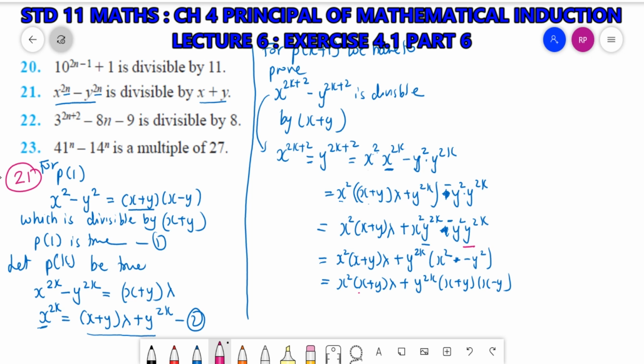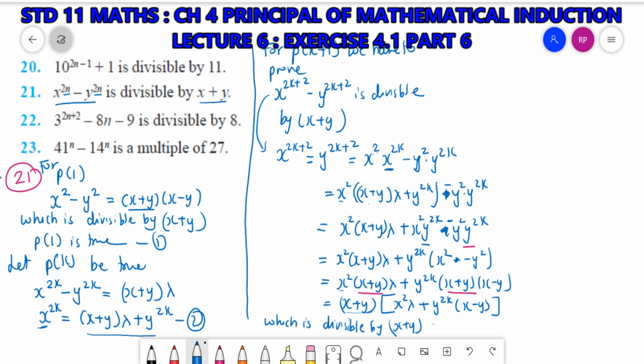So now see, x plus y and x plus y I can take common. So this will be equal to (x plus y) into, so what is remaining? x square lambda plus y raised to 2k into (x minus y). You can see here x plus y, so it's a multiple of x plus y, so I can write down which is divisible by x plus y. So p of k plus 1 is true. 3.